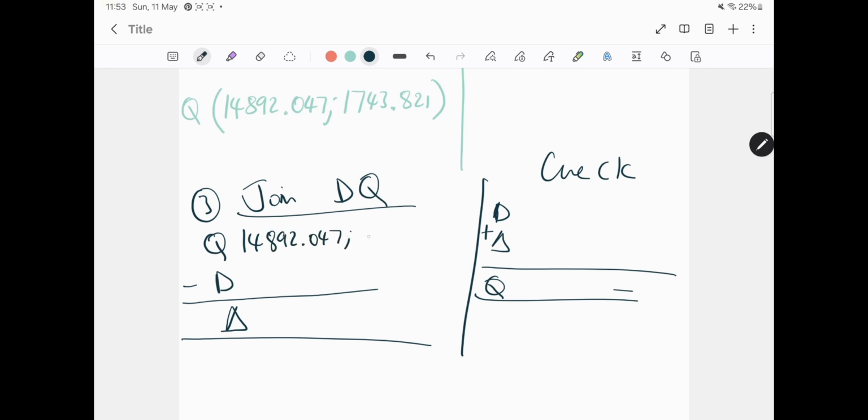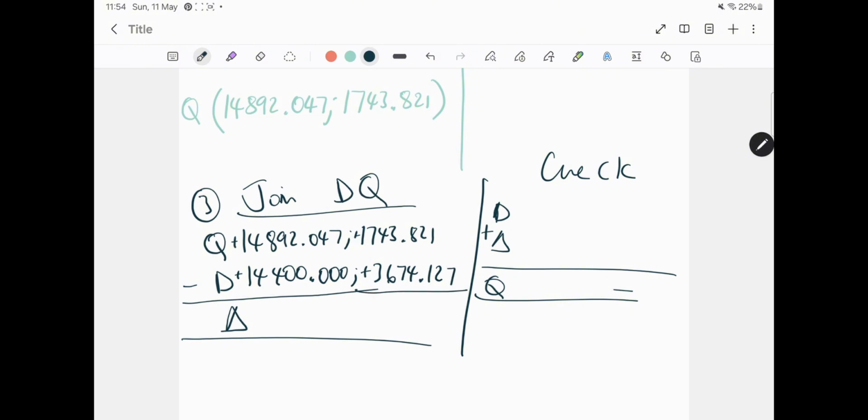It's 14,892,047 is to 1743,821. The D we're given is positive 14,400,000 is to 3674,127.